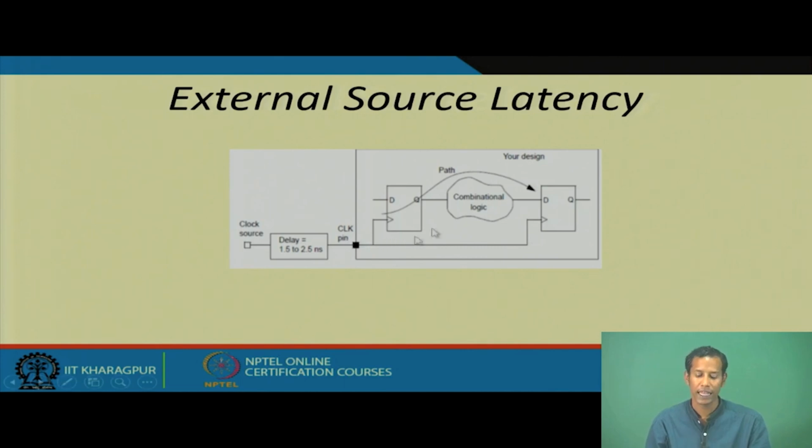So, then external source latency. External source latency means that the clock source may be inside the chip or outside of the chip, and there may be some delay to reach the clock pin of your core.